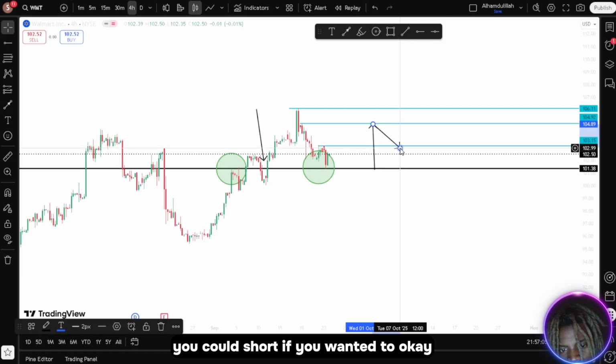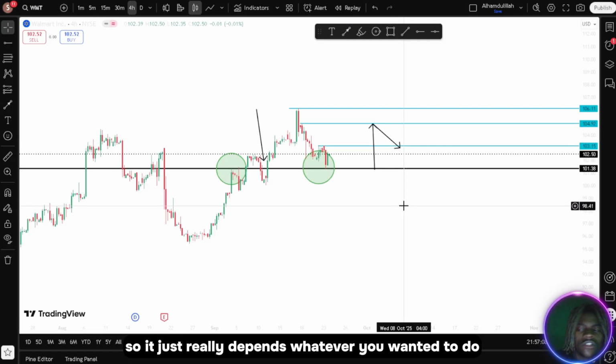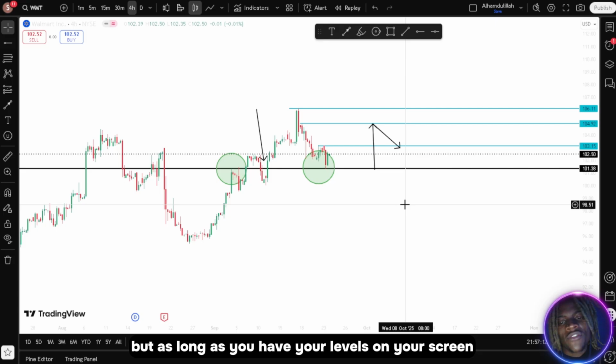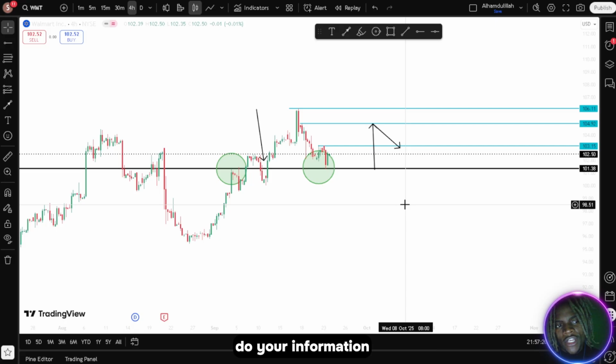You could short if you wanted to. So it really depends on whatever you want it to do, how flexible you are. But as long as you have your levels on your screen, you can wait to see if your levels even get reacted to in the first place, and then you can go ahead and assess, do your information, and make your trade based off of those factors.